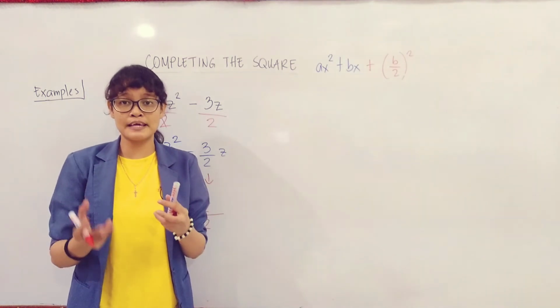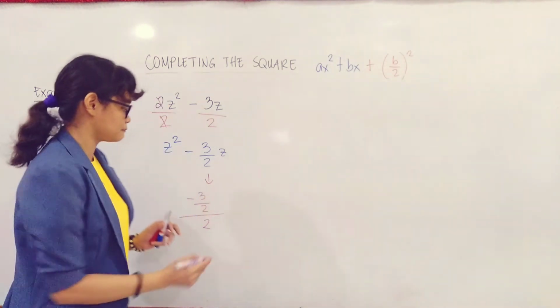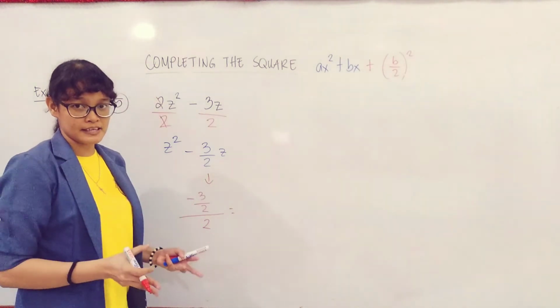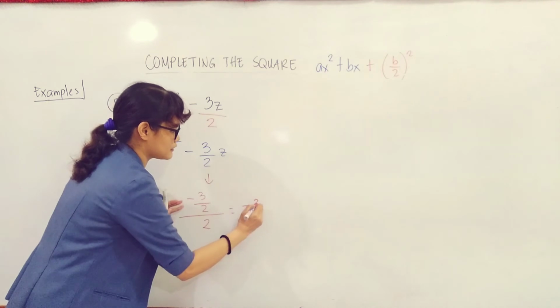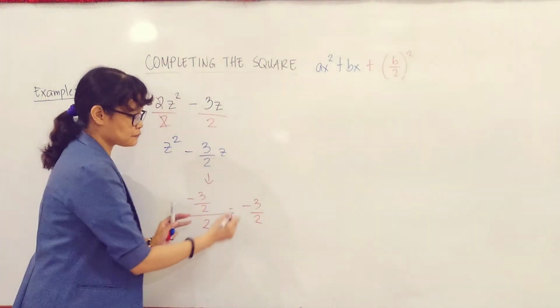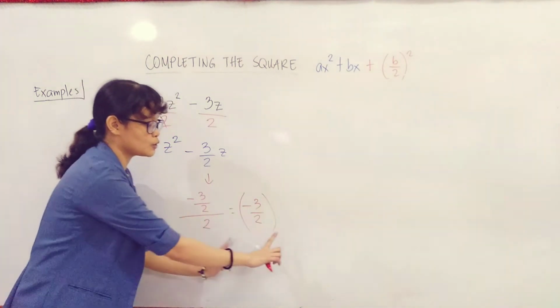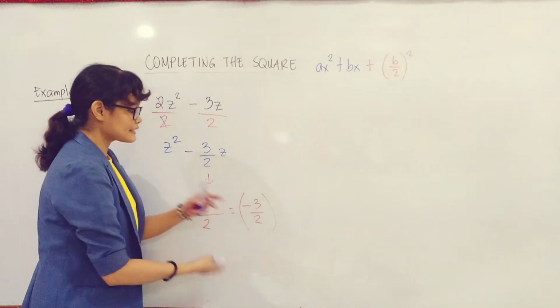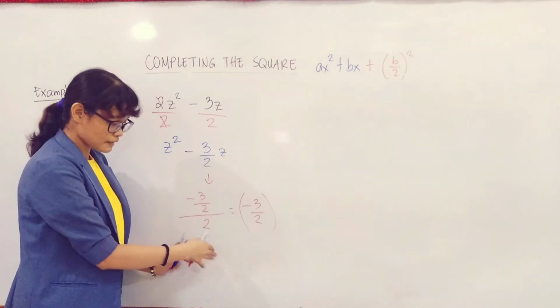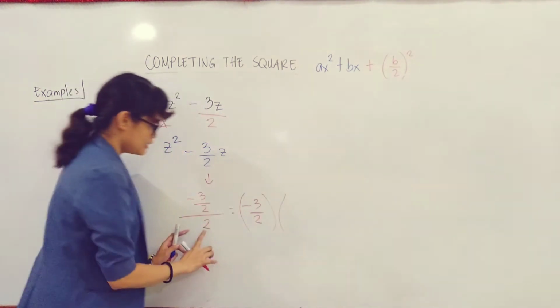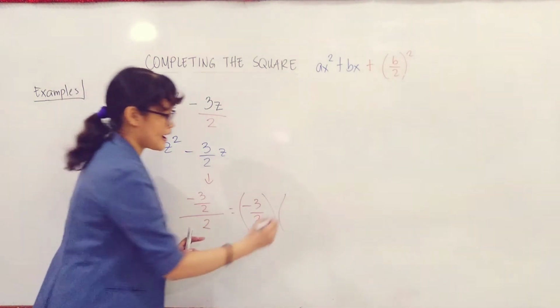Okay, so ano ibig sabihin ng drag me, change me, turn me over method? Okay, drag me means to copy the numerator, which is negative 3 over 2. So I have negative 3 over 2. Change me means from division to multiplication. And turn me over means getting the reciprocal of your divisor. So you have, the reciprocal of 2 is 1/2.